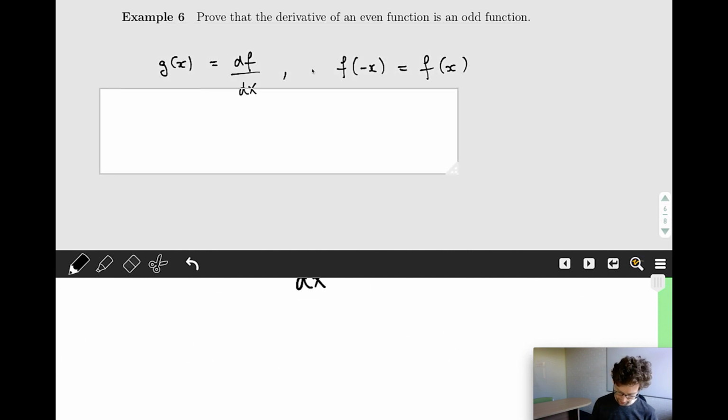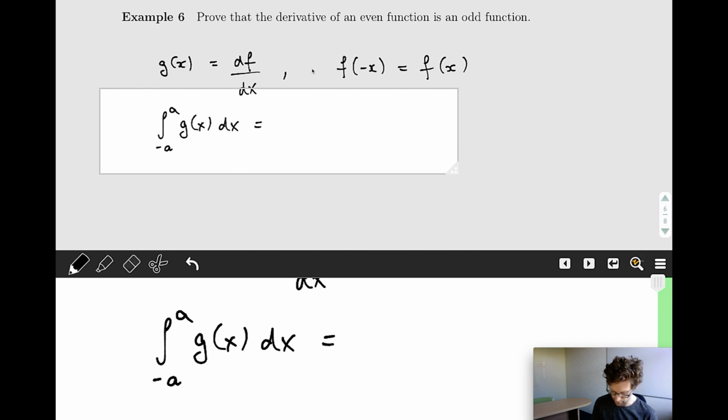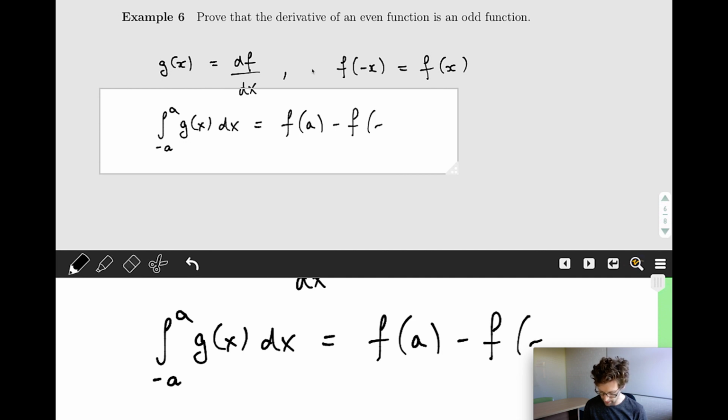So let's set up an integral. Let's integrate from minus a to a of g of x dx. And I know from the fundamental theorem of calculus that that integral is going to be given by the value of f at the upper limit minus the value of f at the lower limit.